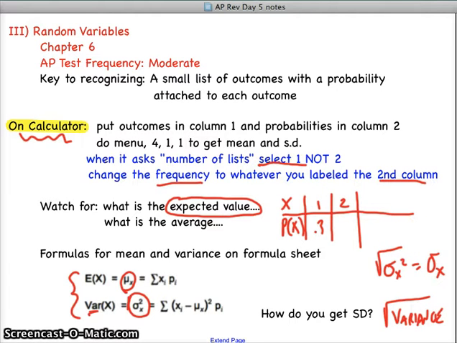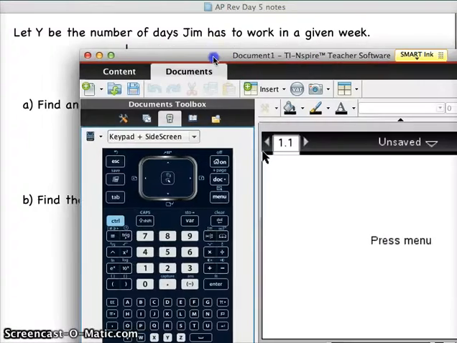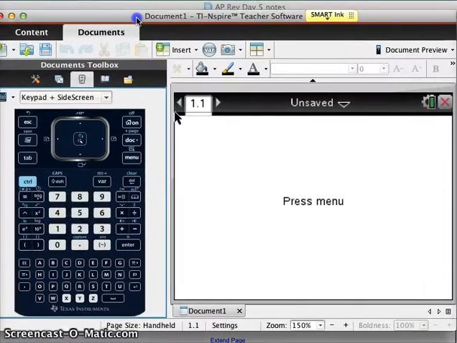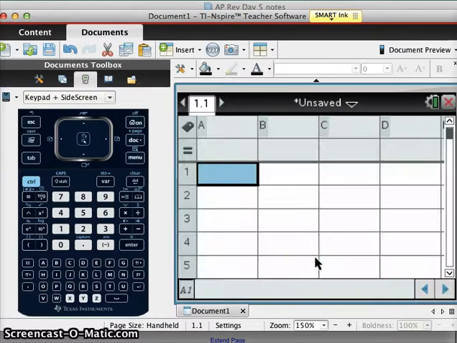So let me just show you what I'm talking about. Okay, so here's our probability distribution. And we're going to type them in the calculator. So we're going to go to our spreadsheet.